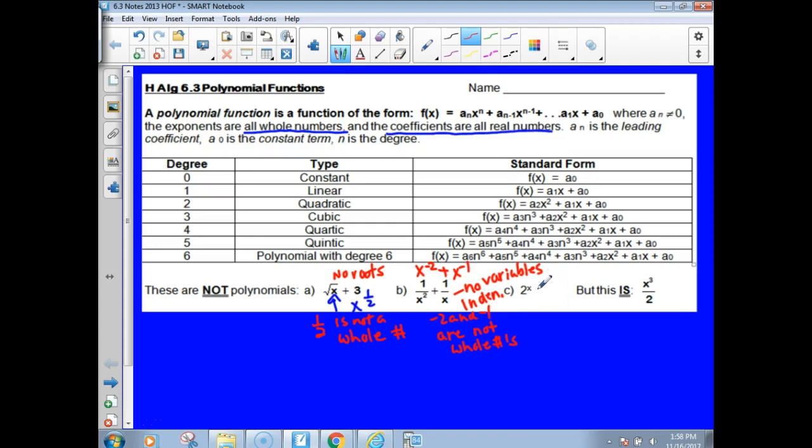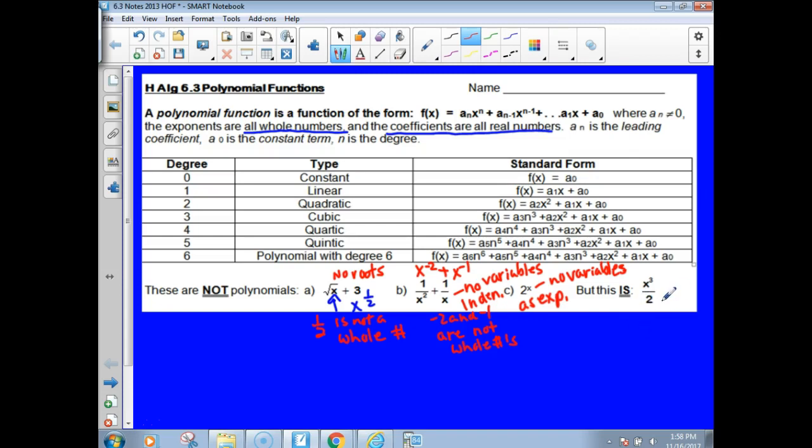Okay. And for C, this is a variable as an exponent. Can't have that. No variables as exponents. My pen just froze. No variables as exponents.